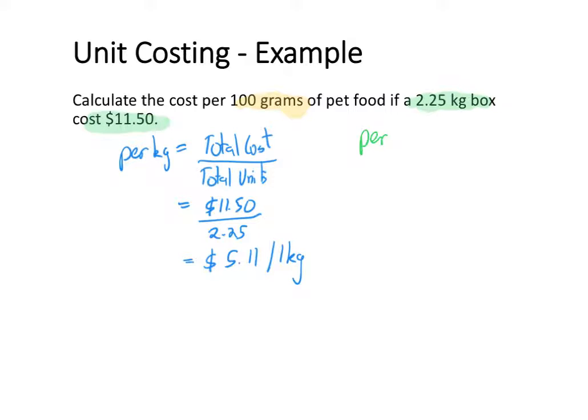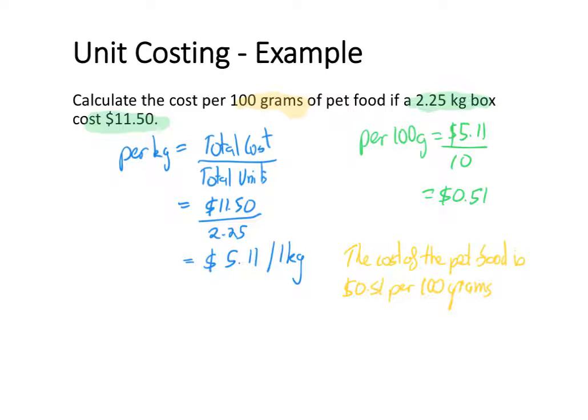So per 100 grams is going to equal $5.11 divided by 10, which is equal to 51 cents. So the cost of the pet food per 100 grams is 51 cents. So that is an example of how we can use unit costings to work out how much an item costs given a specific unit amount.